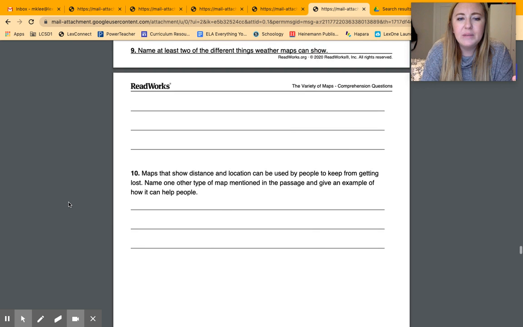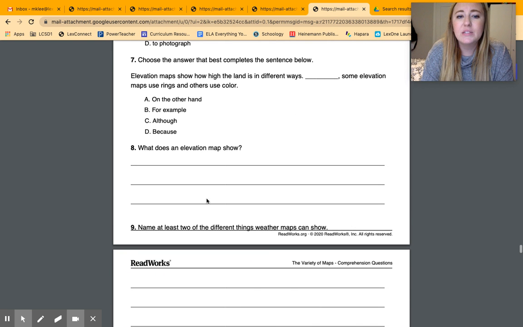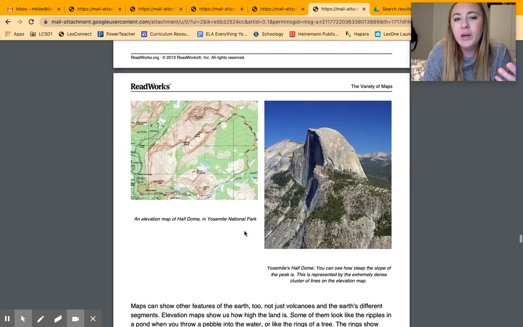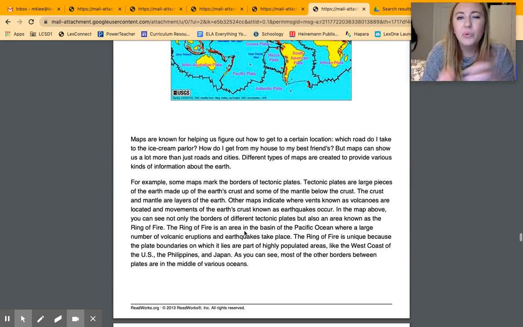It's 1 through 10. Remember, when it is free response, you need to make sure that you are answering in complete sentences. You can restate the question in your answer. Make sure you have capital letters and periods, punctuation where it needs to be, and make sure you are going back to the text all the way back here to find your answers. ReadWorks really helps you out if you actually read it and use the text evidence to answer your questions.